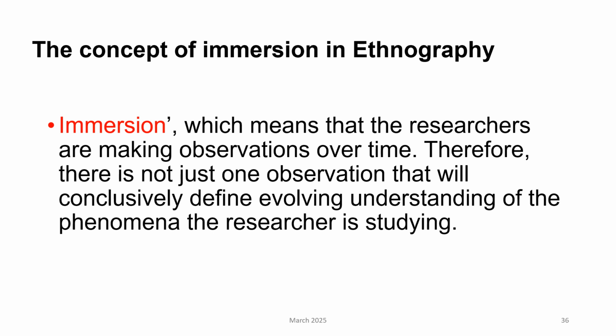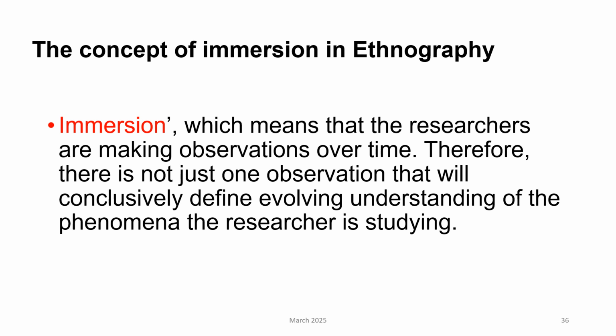Therefore, there is not just one observation that will conclusively define the evolving understanding of the phenomena the researcher is studying. For example, if the ethnographic researcher was observing a clinic, he or she may want to focus on patients, at another time look at the physicians, and then at the nurses, and may also want to concentrate on the interactions between individuals in these particular settings.